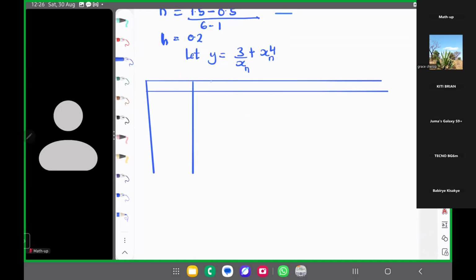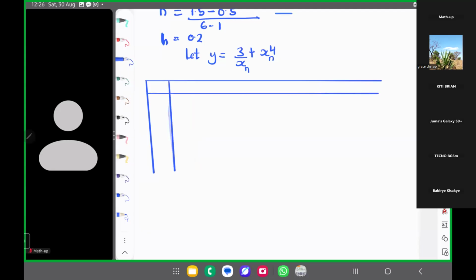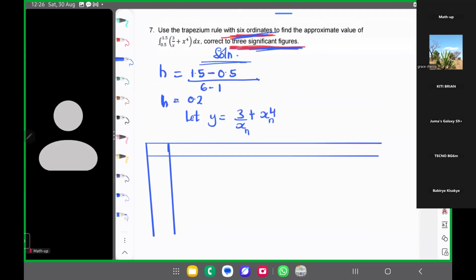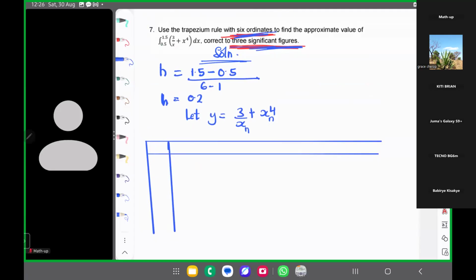So this is our table. Our lower limit will be our first x value, so this is the column for x subscript n, and we are starting with 0.5. Then we shall have the corresponding y value.